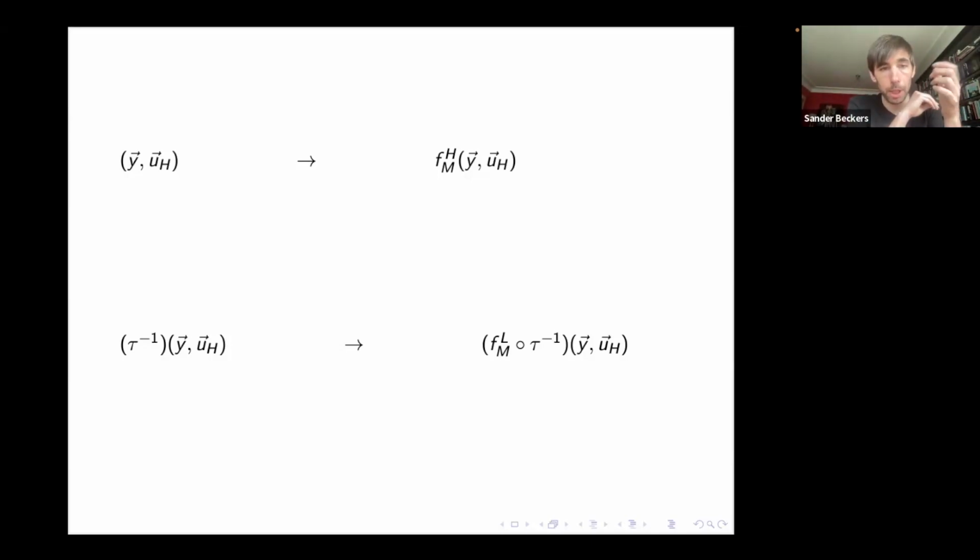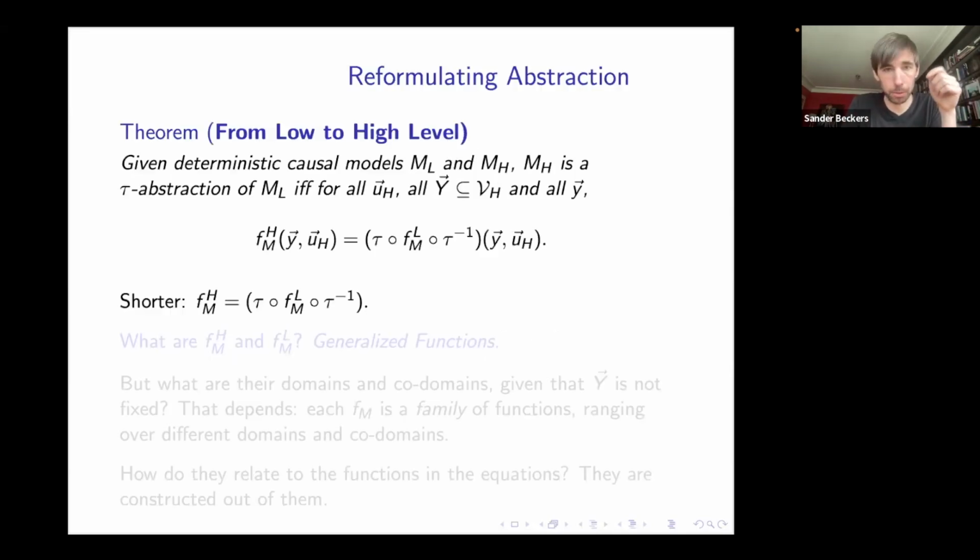So we apply the inverse of tau, then we move through the low level, and afterwards we apply tau again and see where we end up. Now, of course, if you're going to do the inverse of tau, you're going to have a lot of possibilities. So it's no longer going to be a single value. But still, if it's an abstraction, you can show that it should still work because it shouldn't matter which low-level realization you've chosen. They should all end up in the same point. That's the property of an abstraction.